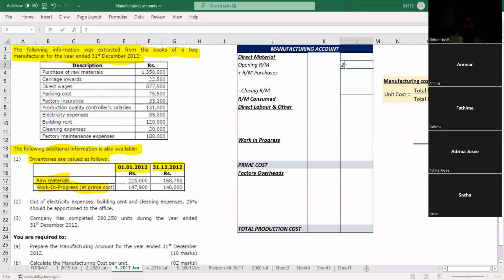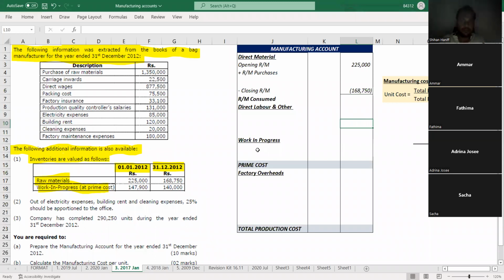Opening raw material 225. Then closing raw material 168,750.